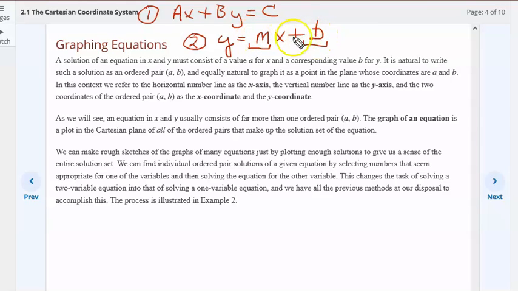So, slope-intercept. Now, formula 3 is the slope formula. We use the lowercase letter m for the slope. This would be y sub 2 minus y sub 1 over x sub 2 minus x sub 1.